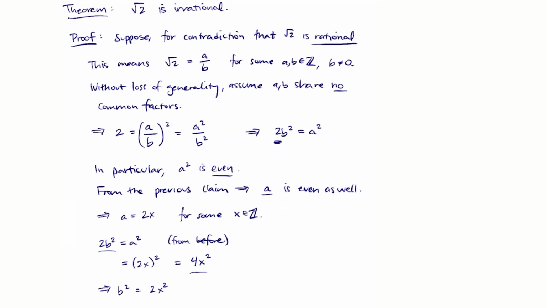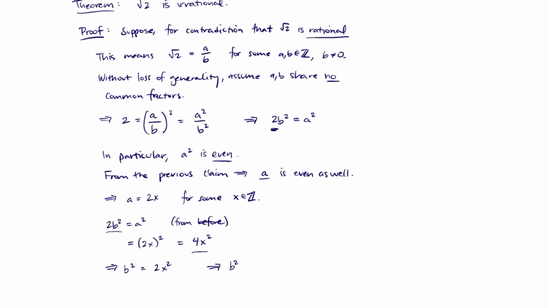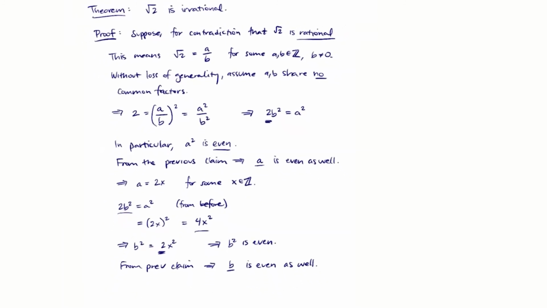Interesting. What else do you notice about this? In particular, this means b squared is even. But now, again from the previous claim, if b squared is even, this means necessarily b is even as well. So this is the second time we're using the previous claim. Little did you know it was actually going to be quite useful for us.